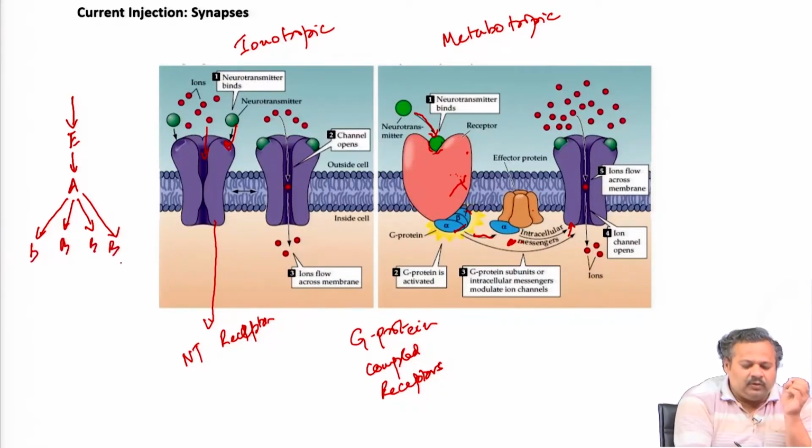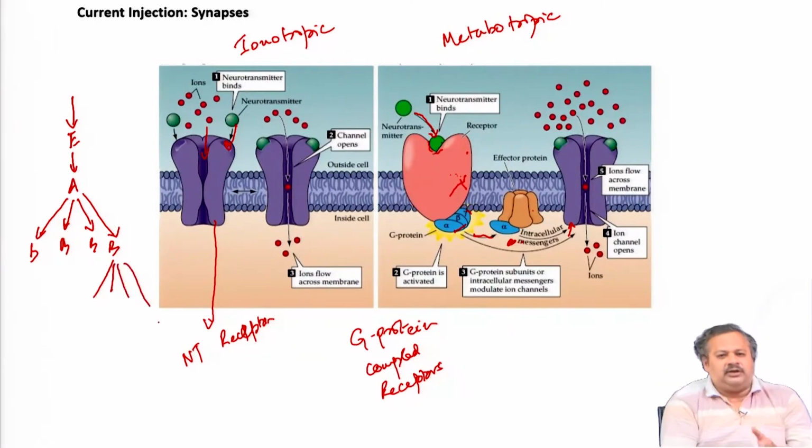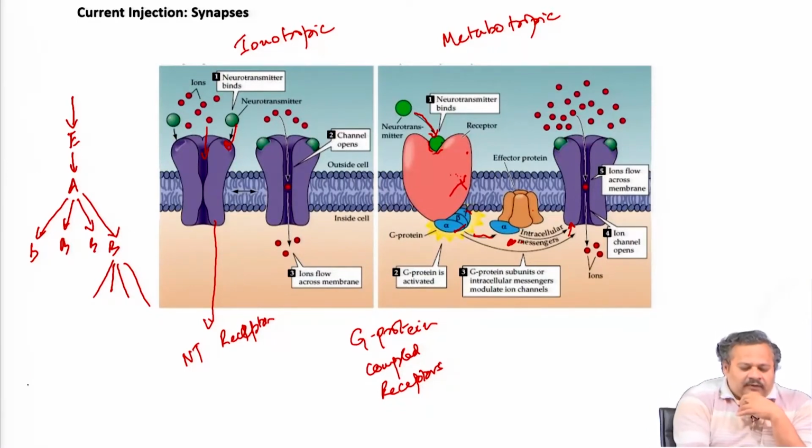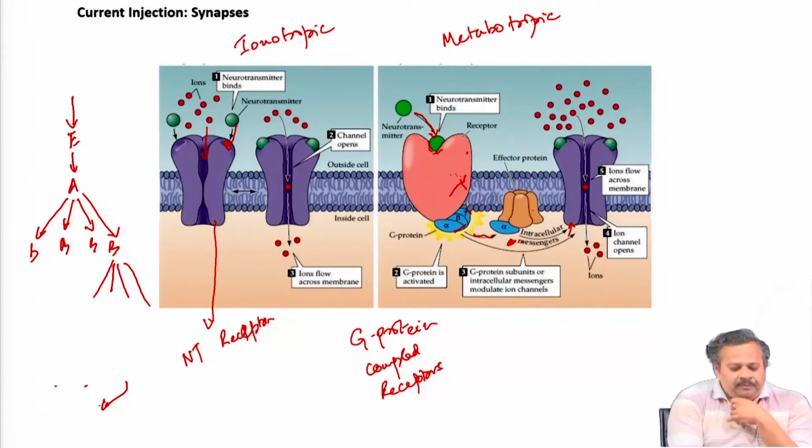It is not one to one. Now B may also activate many others, and so you can see there can be a huge amplification in the process where the final molecule goes and binds to the ion channel that is shown here on the right hand side.